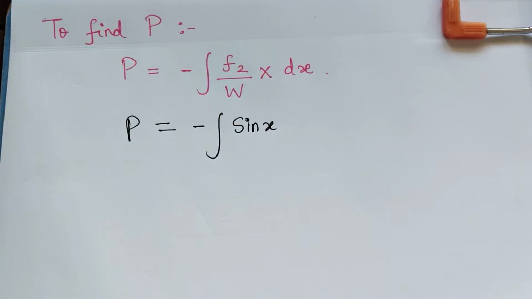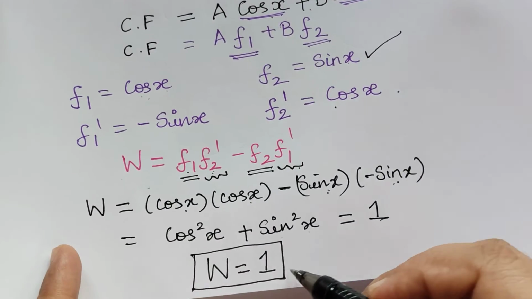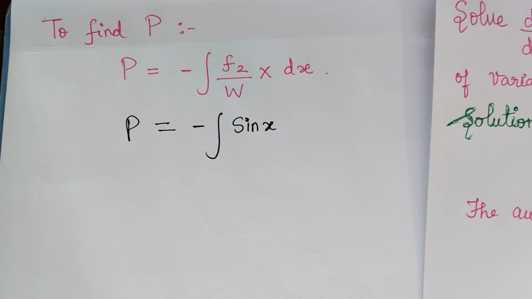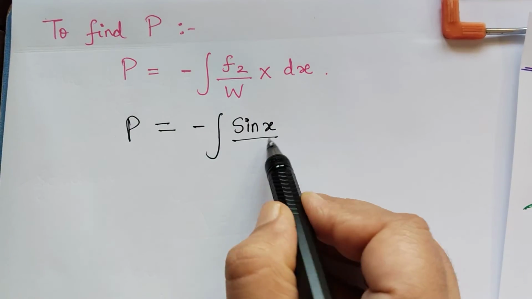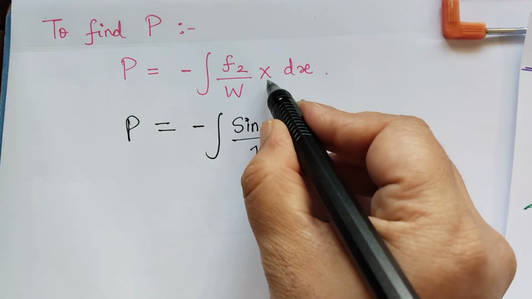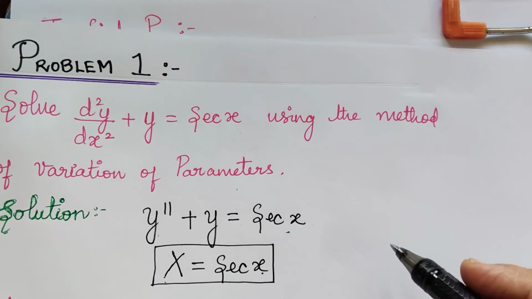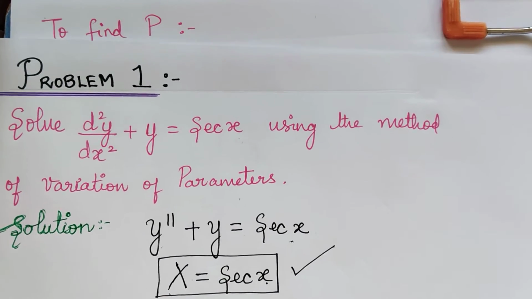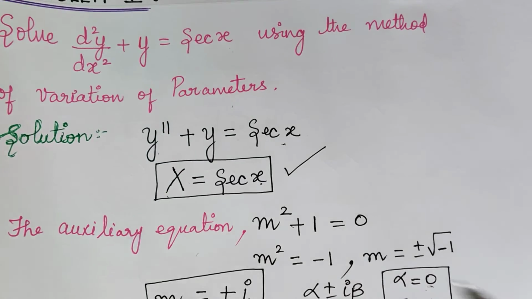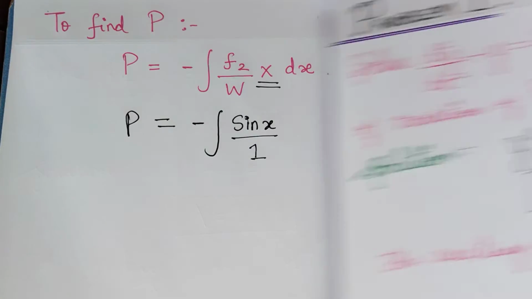And what is W? W is equal to 1, so divided by 1, it is going to remain the same. Multiplied with capital X. What is capital X from our question? It is equal to secant x. In the beginning of the problem, we wrote capital X, so that we have to substitute.